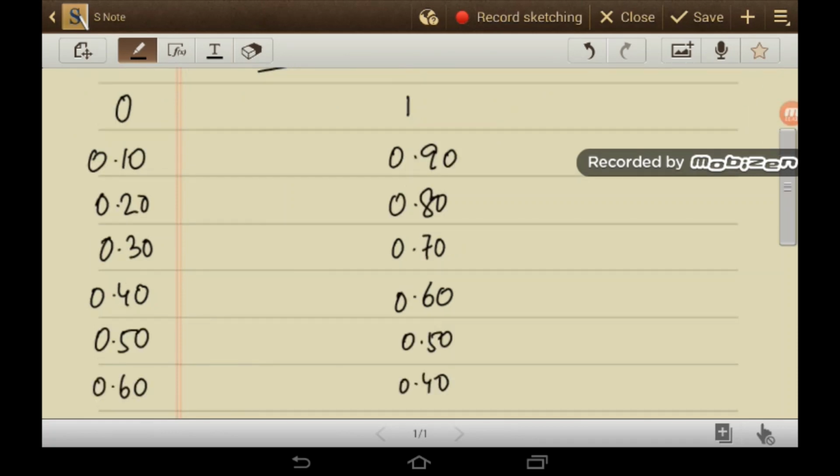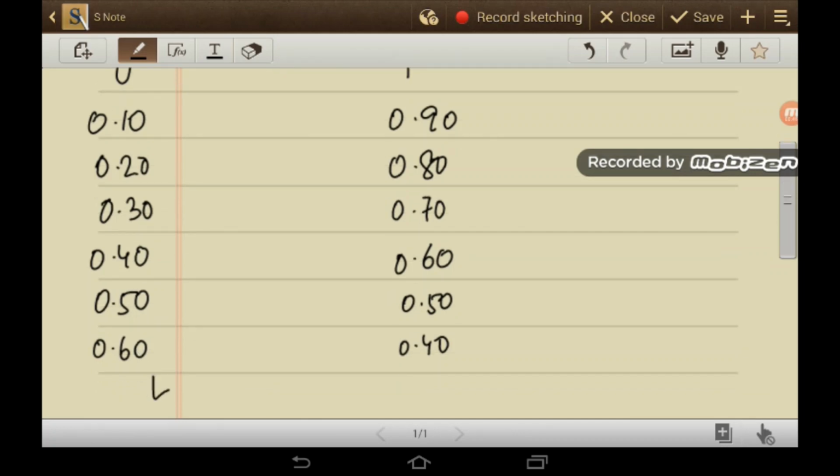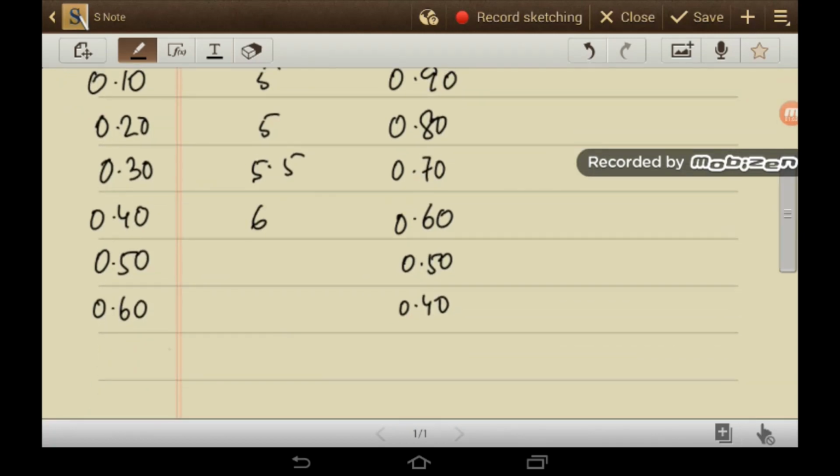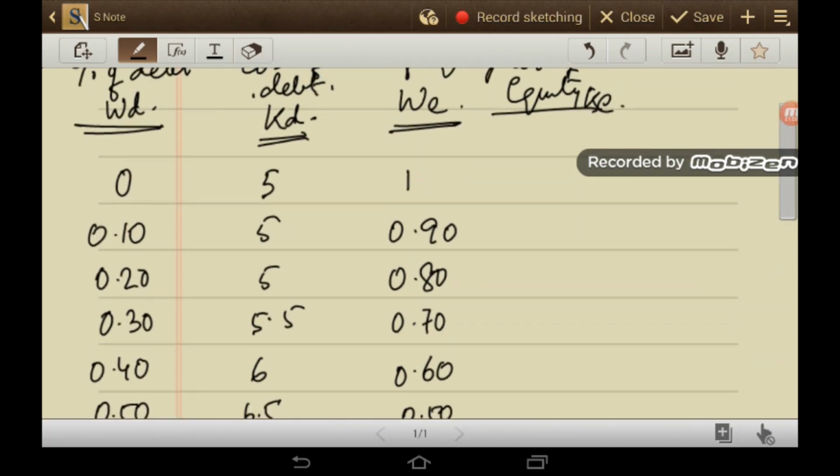If weight of debt is 0.6, then weight of equity will be 0.4. Then cost of debt is given as 5%, then 5, 5, 5.5, 6, 6.5, 7, and cost of equity is given as 12, 12, 12.5, 13, 14, 16, 20.